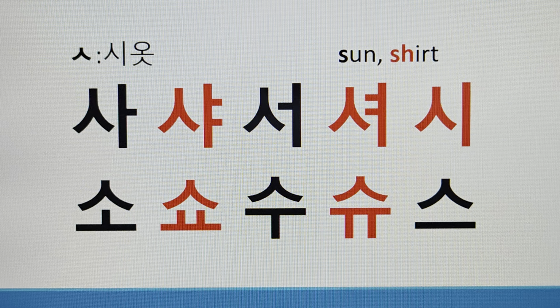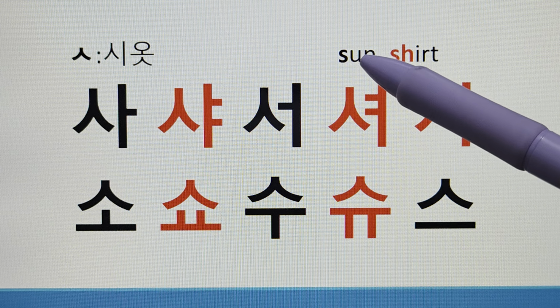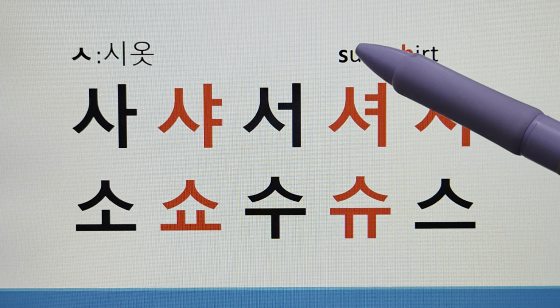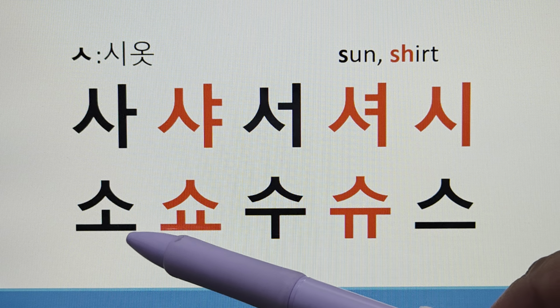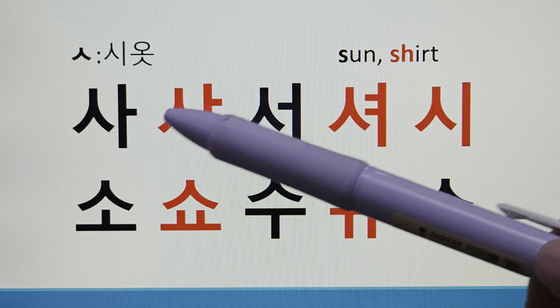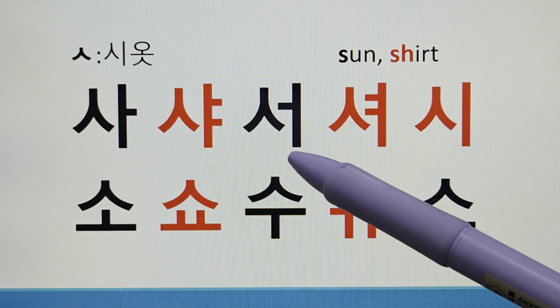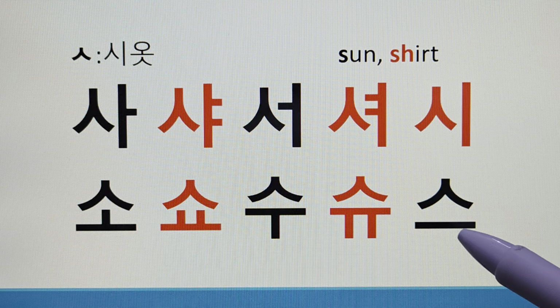Look at this slide, and when 시옷 is combined with black vowels, it sounds like S in san. 사, 서, 소, 수, 스. 사, 서, 소, 수, 스.